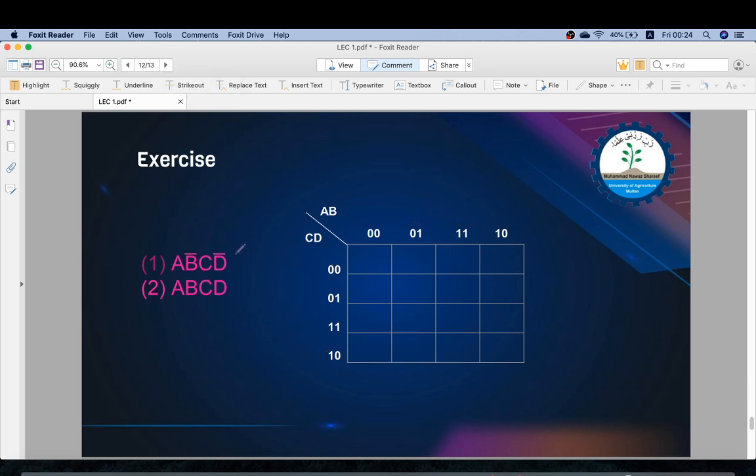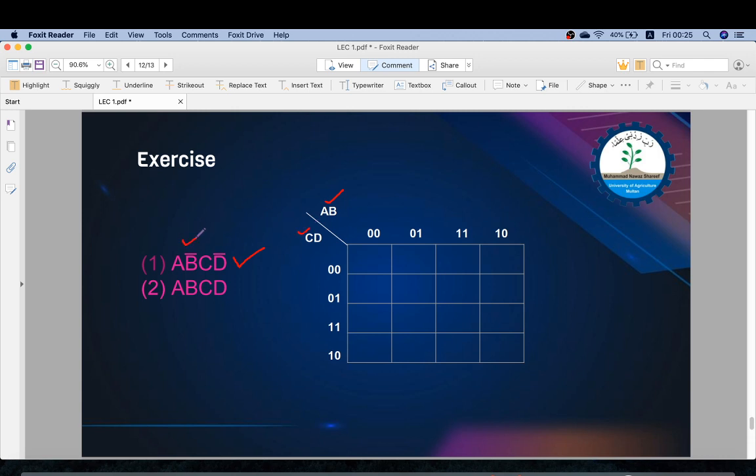This is the exercise. Before I solve this, you can take a few seconds or a few minutes, or you can solve this later, but I will solve this for you, and later in assignments you will have more questions to solve yourself by hand. So the first one is A B complement, C D complement. The easiest way is that there are two variable pairs, A B and C D. So what is our A B?